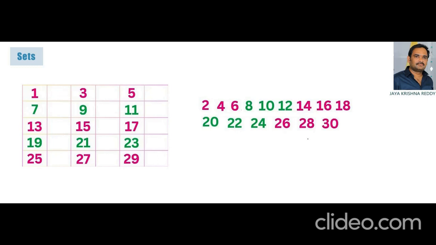Can you identify the common property or common rule by collecting these numbers? The common property of these numbers is that they are even numbers, meaning these numbers are divisible by 2. So the collection of these numbers has a common rule.